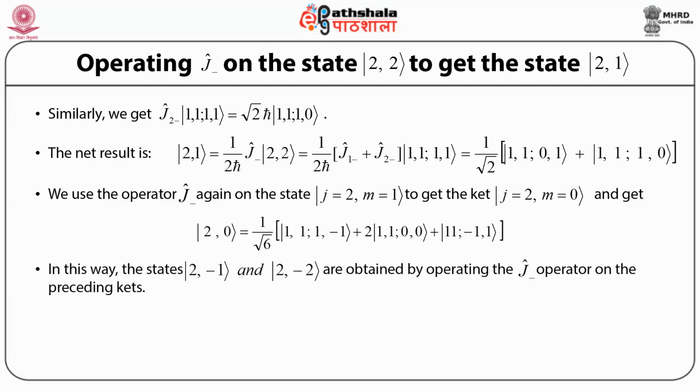In this way, the states |2, -1> and |2, -2> are obtained by operating the ladder operator J minus on the preceding kets.